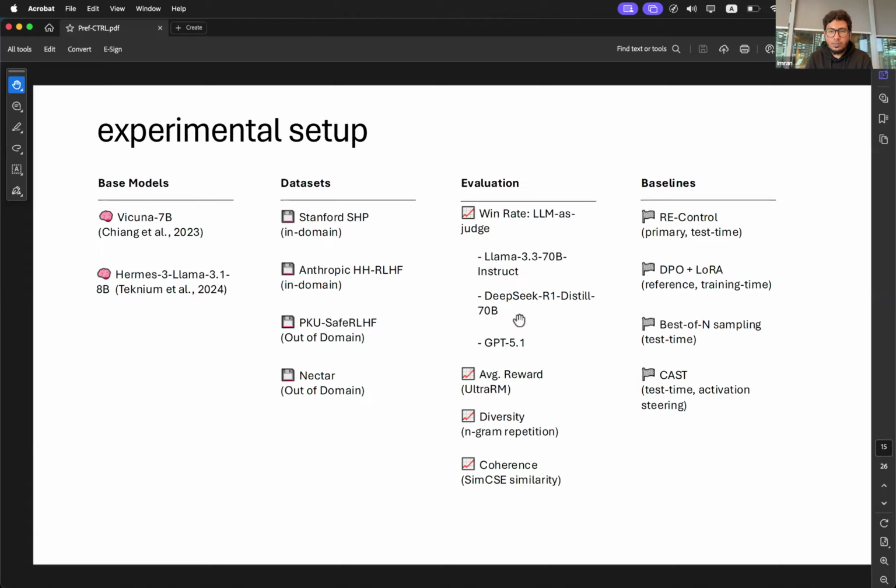In this case, SHP and HH-RLHF are harmful content detection datasets with preferred and non-preferred responses, and UltraRM was trained to detect and score harmful content in generations, so it's more likely to be a good fit. If we use something not trained on harmful content, it would of course yield a different result. So it is important that the reward model we use is aligned with how the dataset was prepared. And I guess the task. Yes. Excellent.